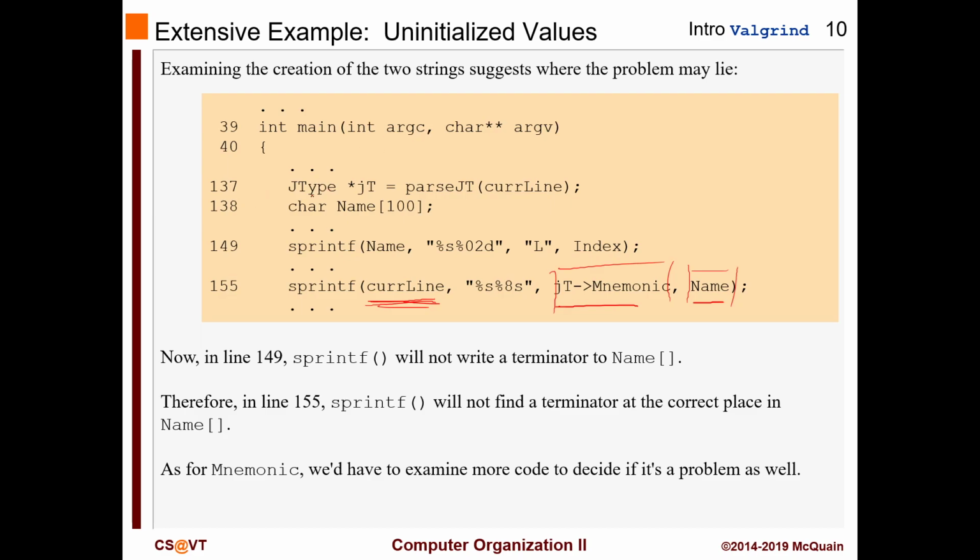Over here we have a type JT, and we are doing some sort of parsing with current line. So we are actually initializing it, so we know that this is not actually the problem. Sorry, my bad. On line 149, sprintf will not write a terminator to names like this.